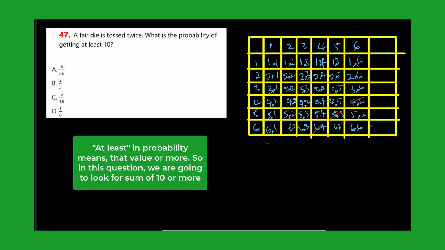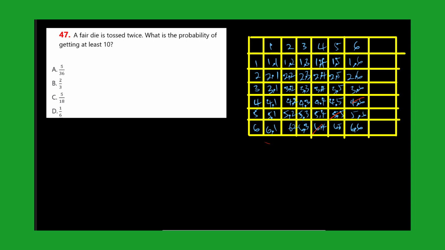So to get at least 10, it will be 10 upward. So we have 1, 2, 3, 4, 5, 6 outcomes.